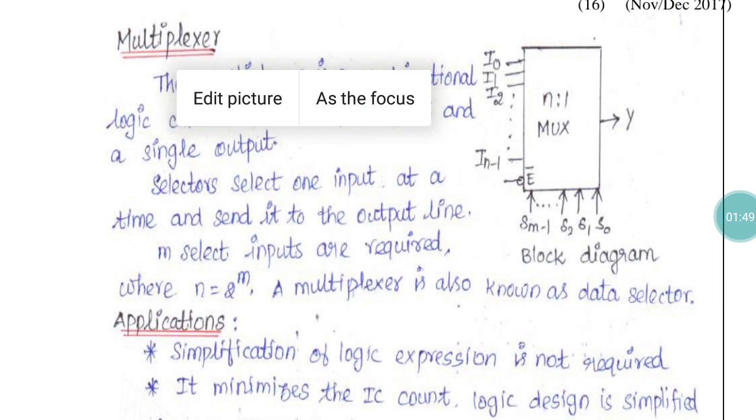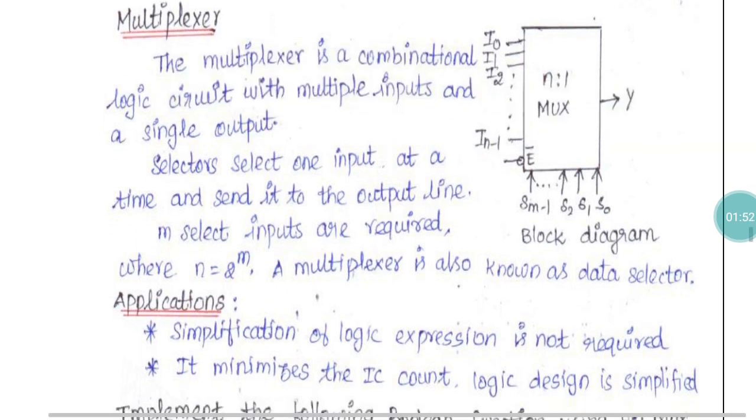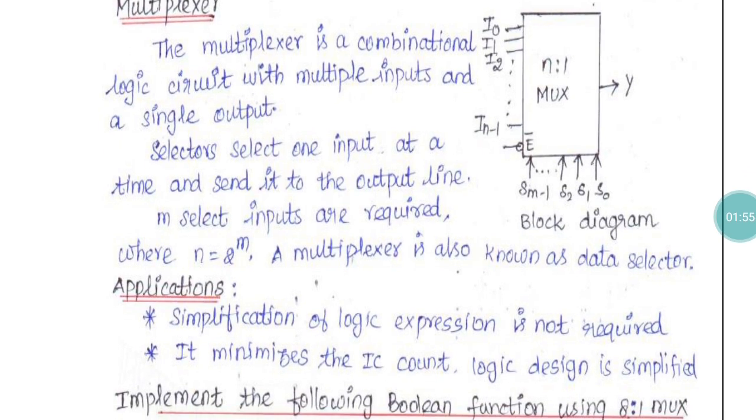In this multiplexer, it has 2 to the power of n input lines and a single output. We have n control lines. So from the input side we have 2 to the power of n input lines, but only n control lines.